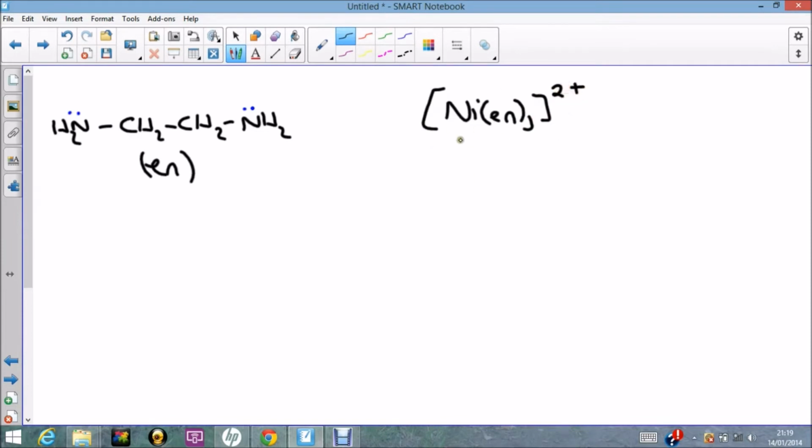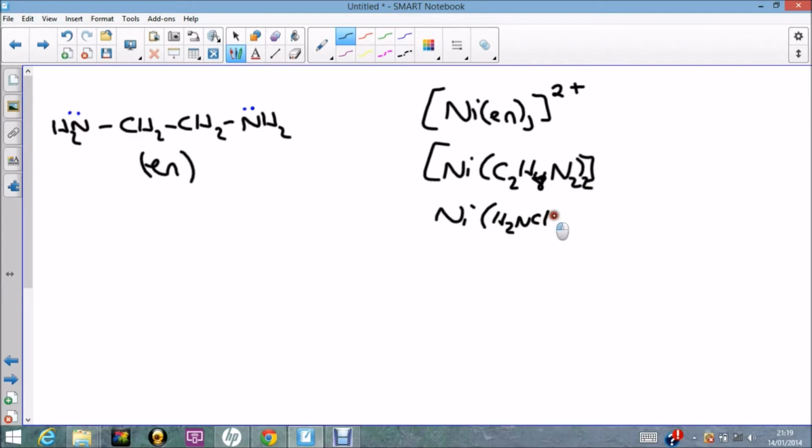Again, you might see this drawn as nickel with, let's see, we could put it as C2H8N2. That would be a possibility, or nickel, no 2 there. They could write it structurally, I suppose, like this.